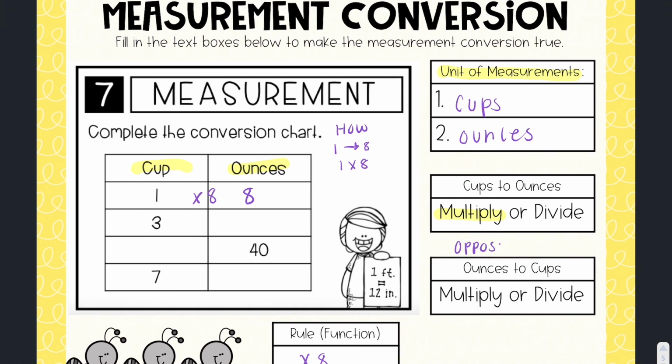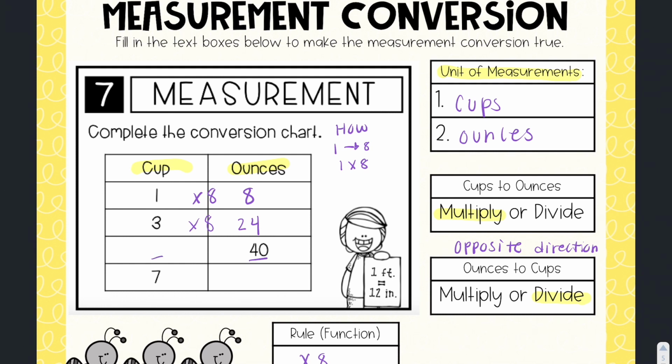What about if I'm going in the opposite direction? If I'm going in the opposite direction, I'm using an inverse operation. So the opposite of multiplication would be division. So if I'm going from ounces to cups, I'm going to divide. I'm going to visualize that I have a machine and I'm inputting a 3 into that machine. Well, based on my rule of times 8, I know that 3 times 8 is 24.